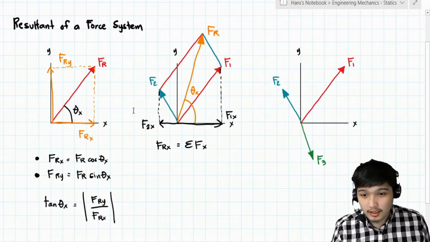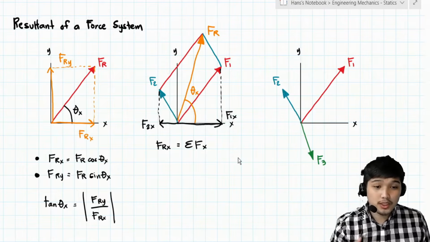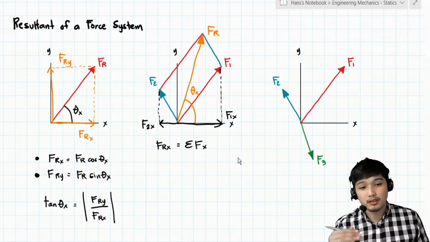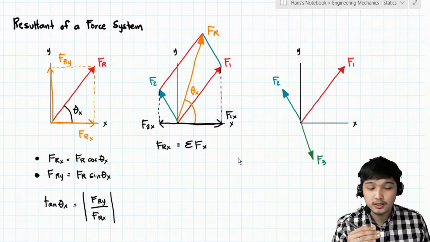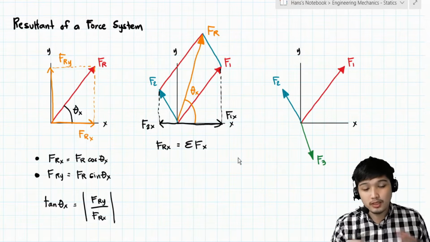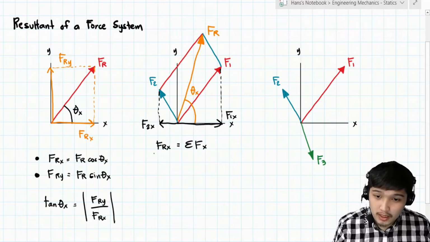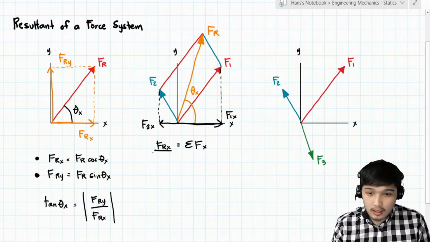But, syempre, with consideration to its direction. So, commonly class, all forces to the right is considered positive, while to the left is negative. Okay? So, pag sinummation natin yan, magiging equivalent daw siya dito, FRx, horizontal component ng resultant force.